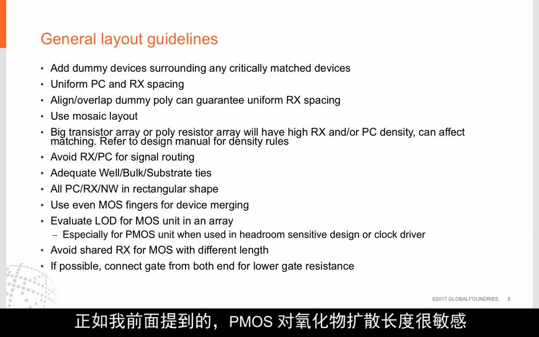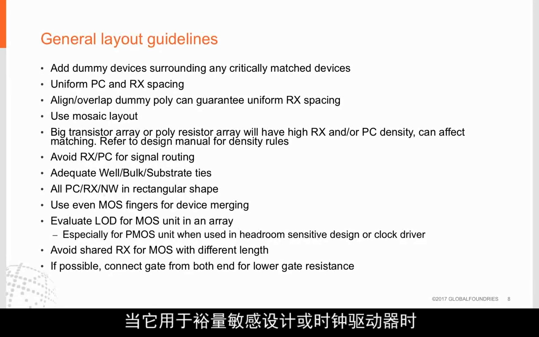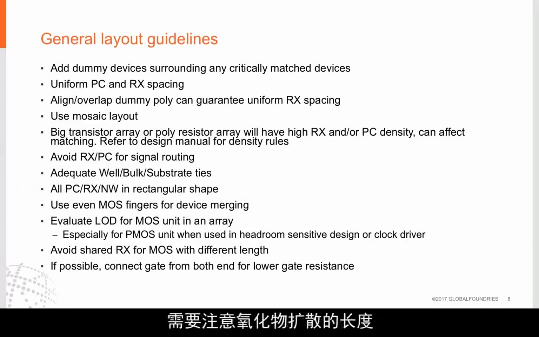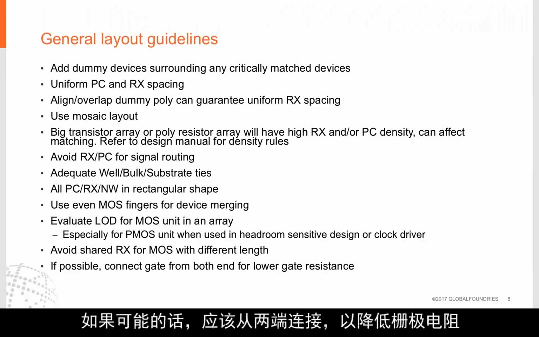As I mentioned earlier, the PMOS is sensitive to the length of oxide diffusion, and when it is used in a headroom sensitive design or clock driver, you need to pay attention to the length of oxide diffusion. You should avoid sharing RX for MOS with different lengths, and if possible, you should connect from both ends for a lower gate resistance.